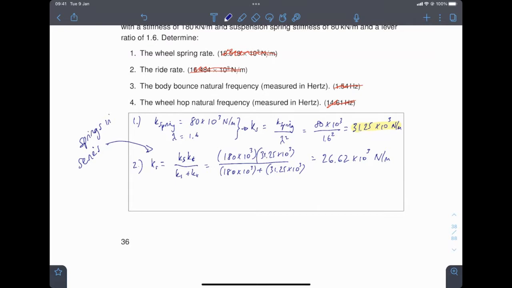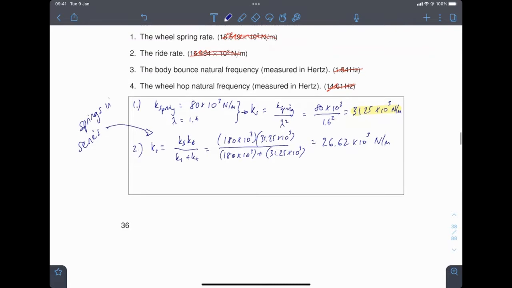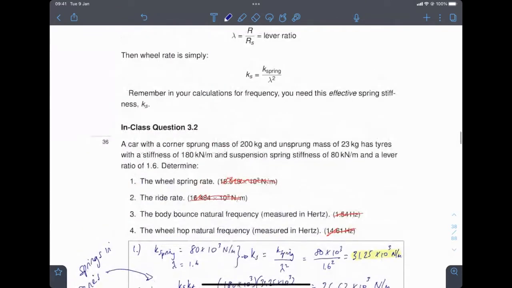So that's part 3, body bounce natural frequency, Fs, equals 1 over 2 pi times the square root of Kr over Ms. We've got a sprung mass of 200.